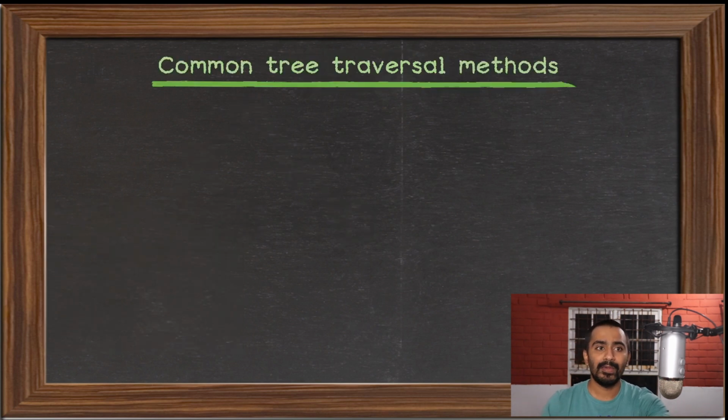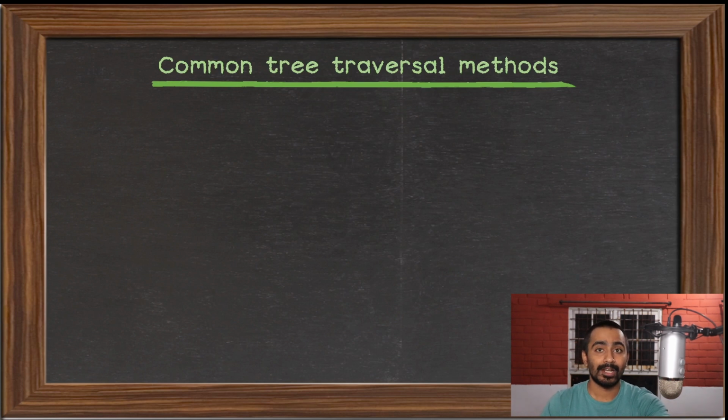Now that we have the basics of trees behind us, let's look at tree traversal. And here traversal basically means how we move from one node to another node and thereby visit all the nodes of a tree and further process them. Now, there are many ways of traversing a tree, but there are four common ways in which we generally traverse the tree.